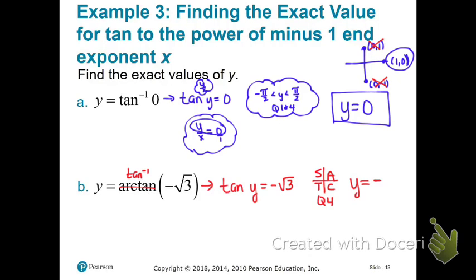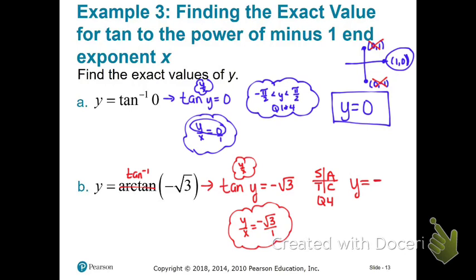We know the tangent, you told me earlier, was y over x. So I need that y over x to equal the negative square root of 3. I'm not going to worry about the negative because we already said that's quadrant 4. It's dealt with. I'm going to make it a fraction, so I'm going to put it over 1.